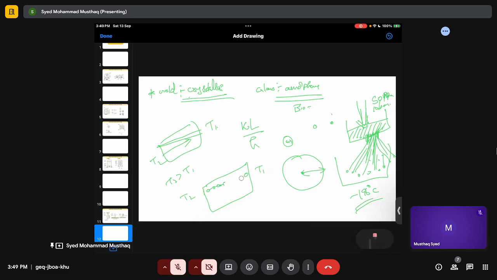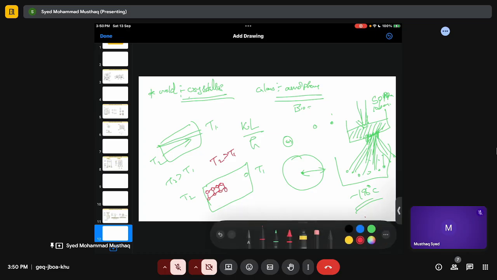Let me explain it more clearly. This is at high temperature, so the atoms are at higher energy. T2 is greater than T1, so T2 is at higher energy. Higher energy means higher oscillations. Here the atoms are oscillating very fast. What about T1? It is at lower temperature, so the atoms are oscillating slowly here.